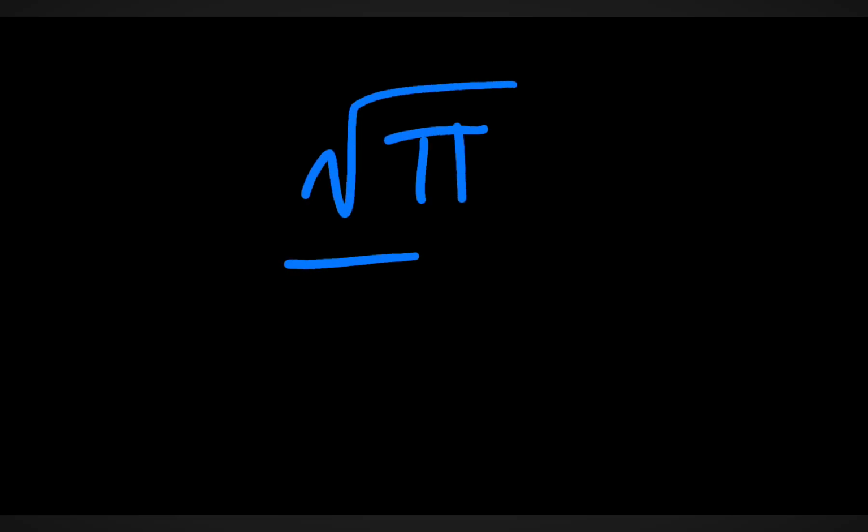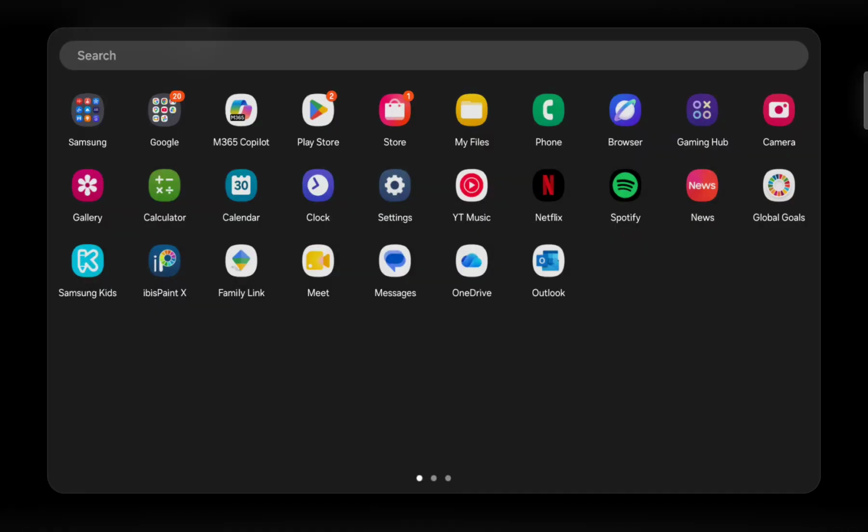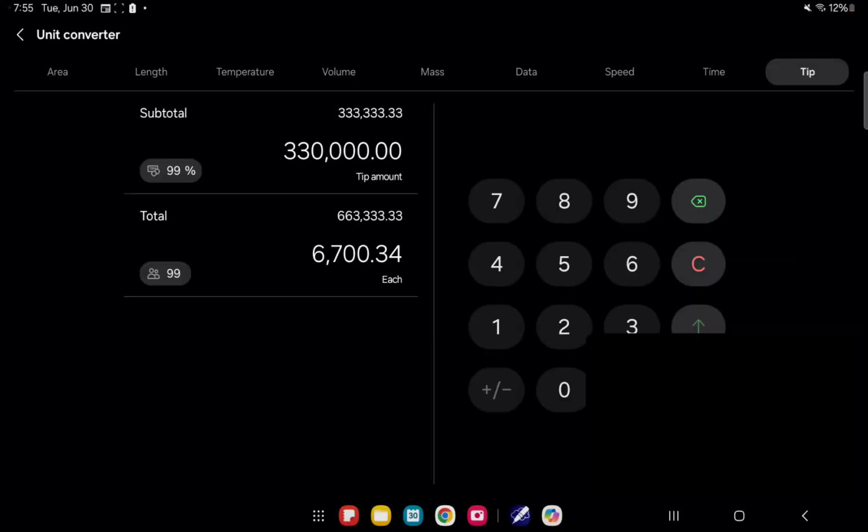Now let's hope I didn't pause this. Now let's use root pi over 2. How do we do that? I don't know what root pi is, and how should we divide by 2? Maybe pop out the calculator app.